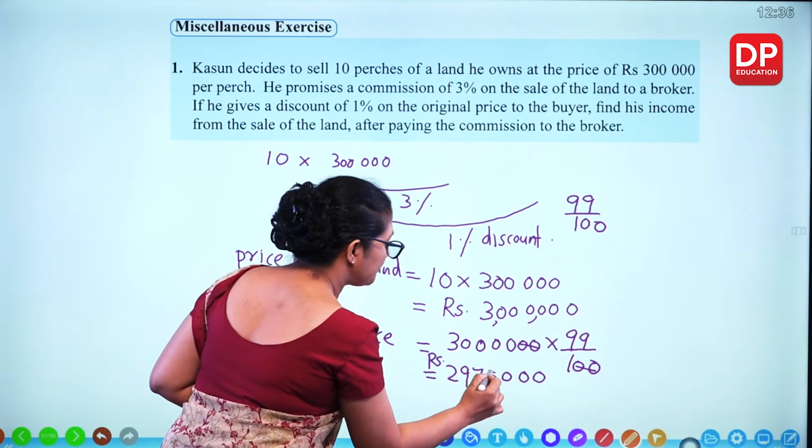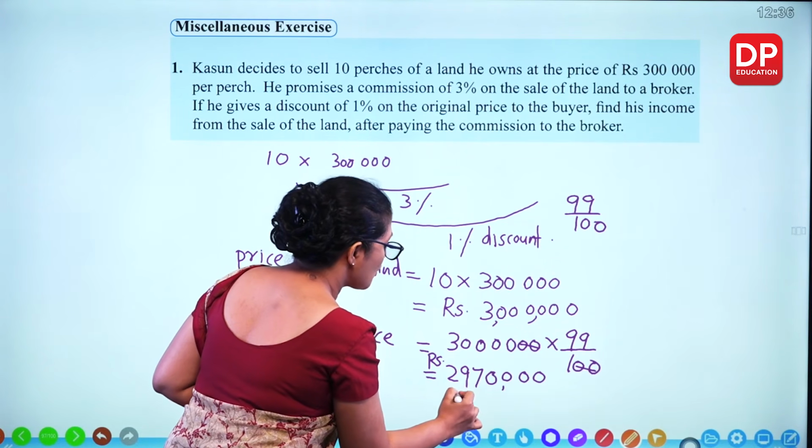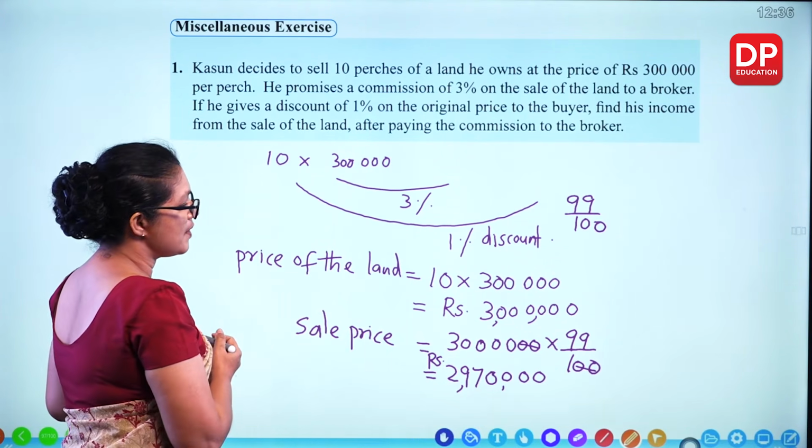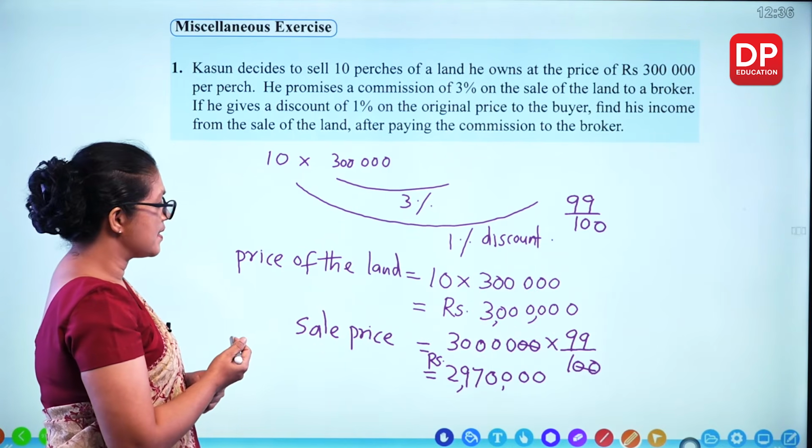So you get 2,970,000. That's the selling price.